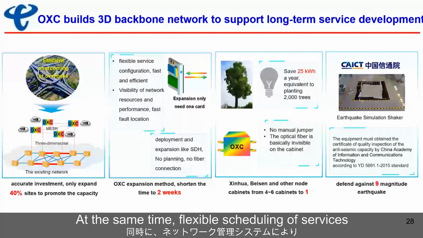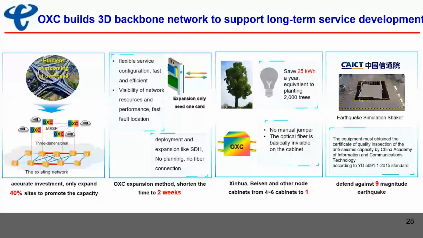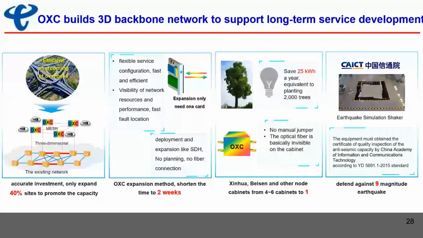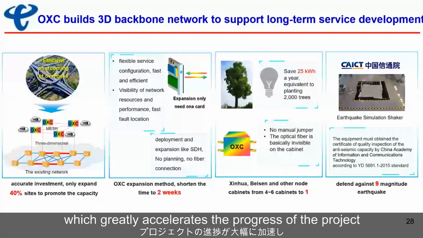At the same time, flexible scheduling of a service can be quickly completed through the network management system, as well as visualization of network resources and performance, which can quickly achieve fault demarcation and service delivery, which greatly accelerates the progress of the project.